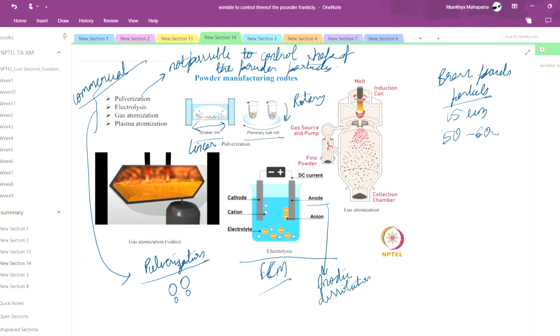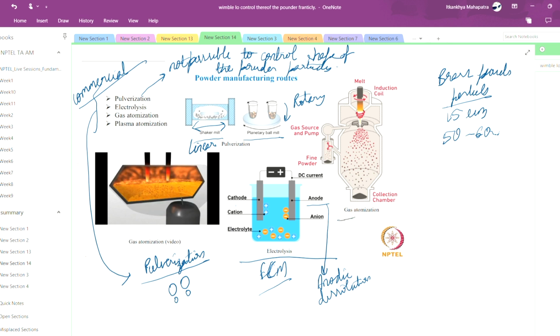So when an alloy is there, each time a different potential will be required, and it will be difficult to dissolve it. If the material is a single element like copper or aluminium, then we can dissolve it. But for alloy powder particles, we cannot use this process.